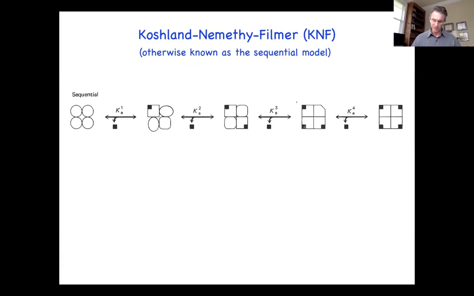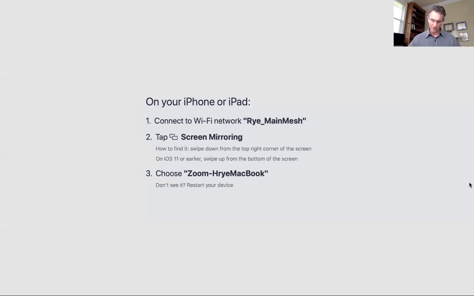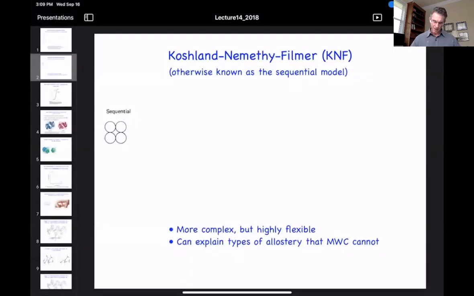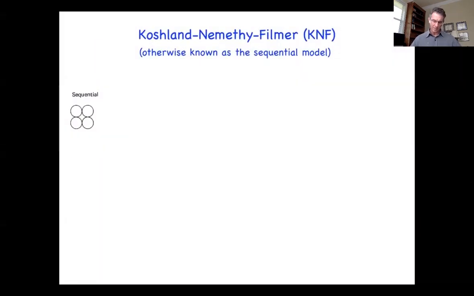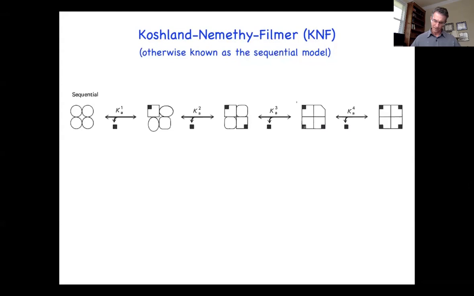We've got the series of binding events, right? We have this series of binding events that have occurred, each one associated with one ligand binding.